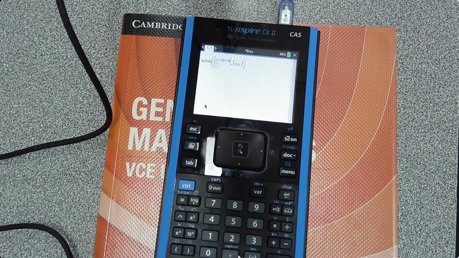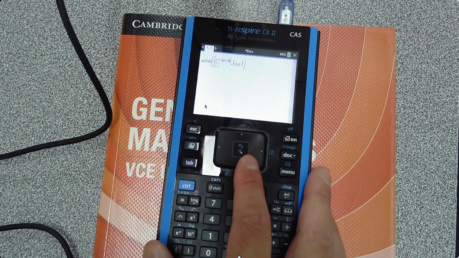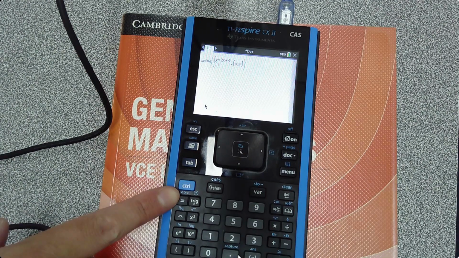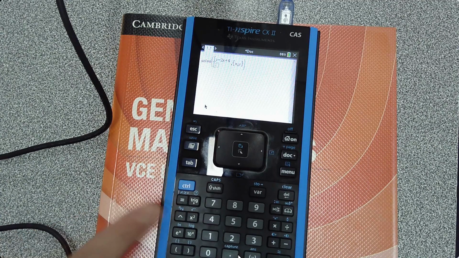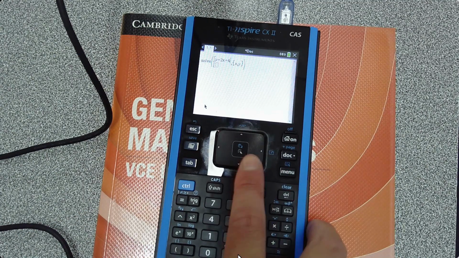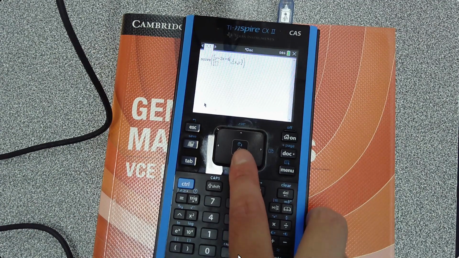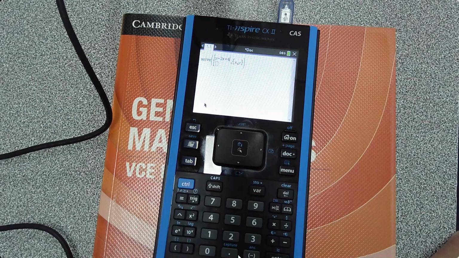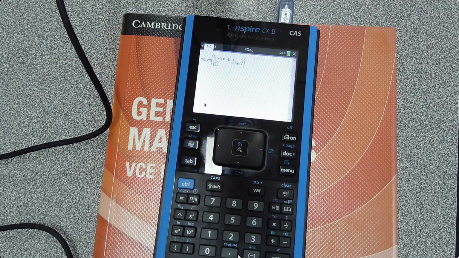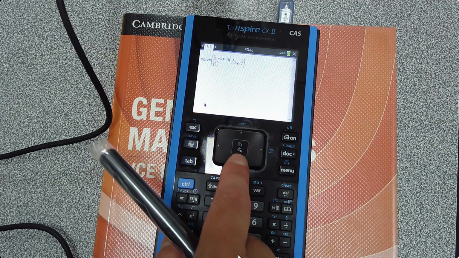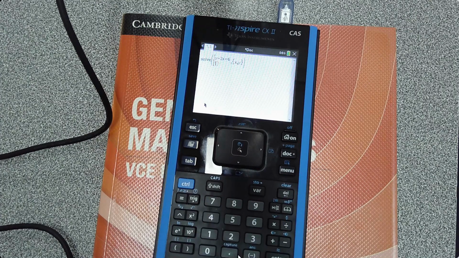Is the equals enter? No, there's a separate button for equals underneath control. Y equals 2x plus 4. Once you've done that, press the down arrow to go to the next box, and then type in the next equation.